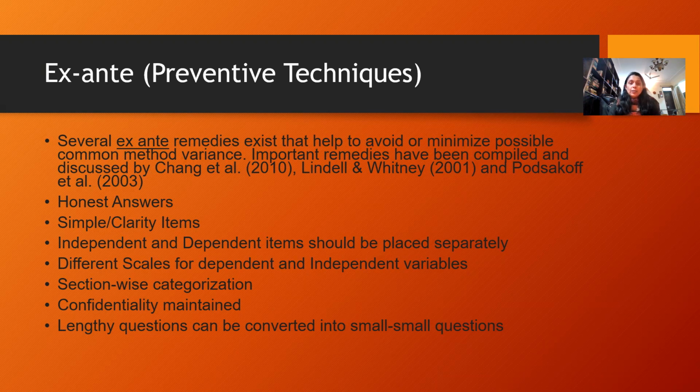And you should give confidence to your respondent that the data will be kept confidential, it would not be leaked or shared, and it would not be jumbled up with other respondents' data.